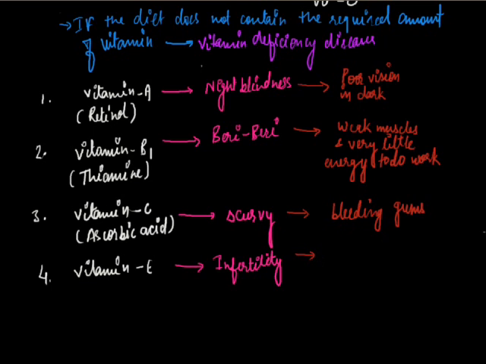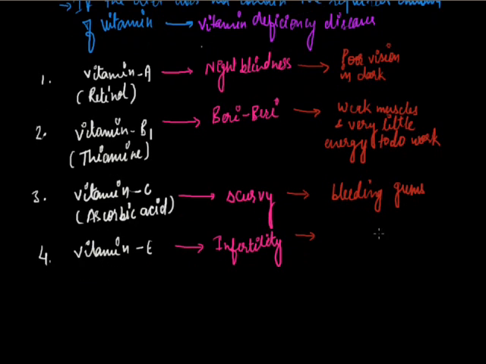So in case of deficiency of vitamin E inside our body, production of gametes will be stopped or will occur in a very low amount.